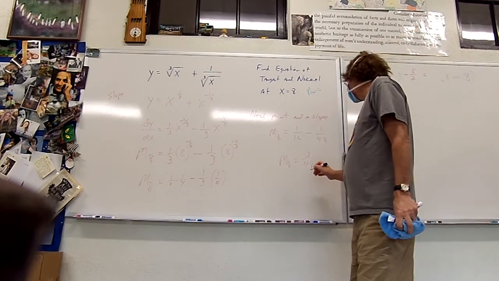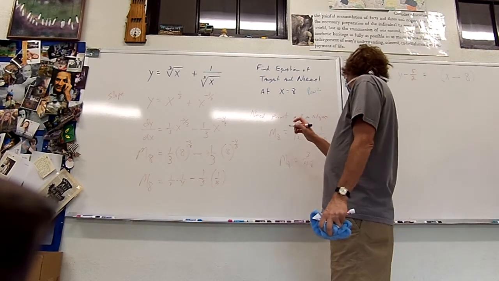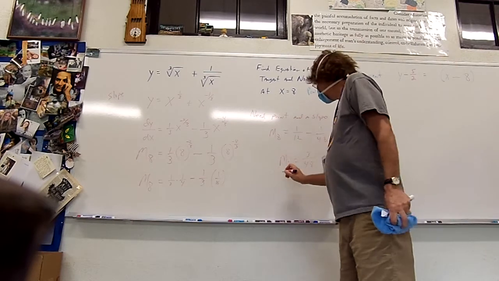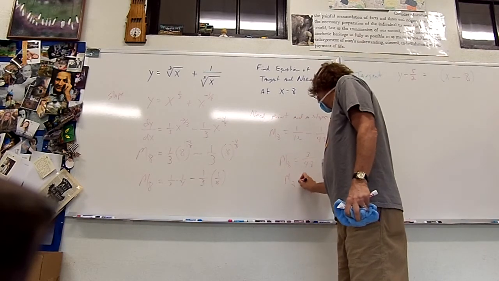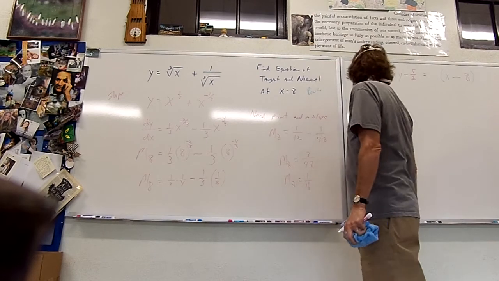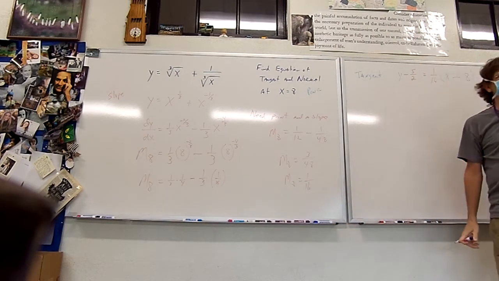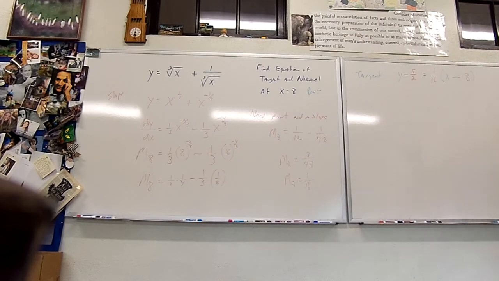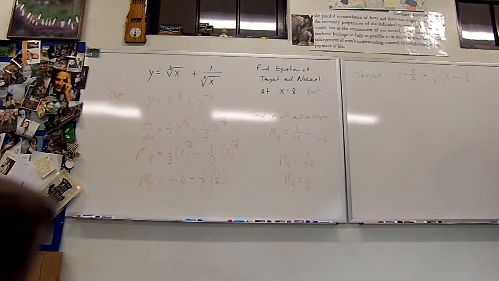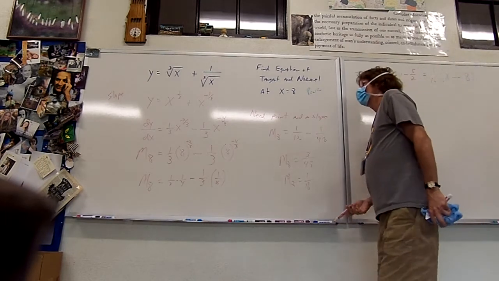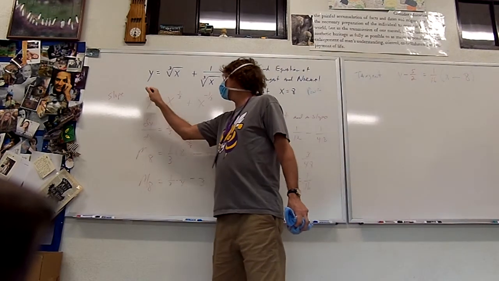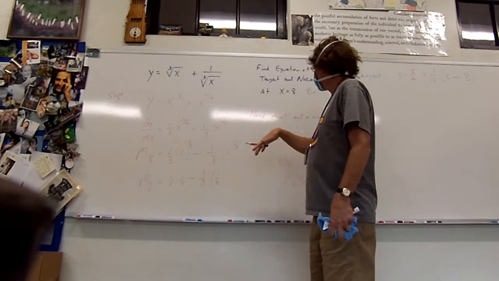And that reduces to 1/16. So the m at 8 is equal to 1/16. And there's the equation of your tangent line. Notice that the part of this that's new to you is easier than all the rest of the algebra.